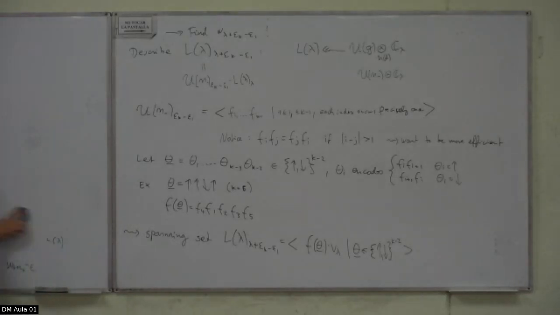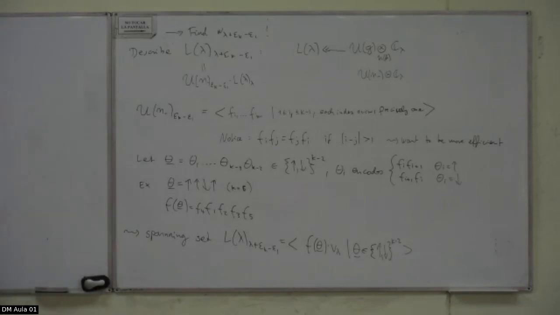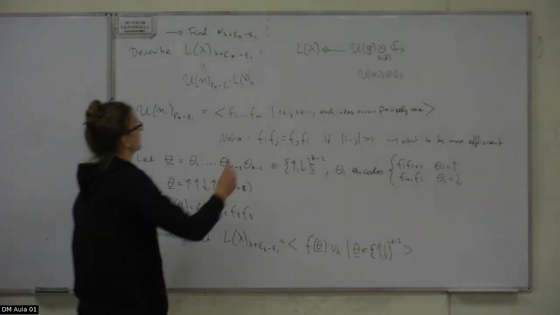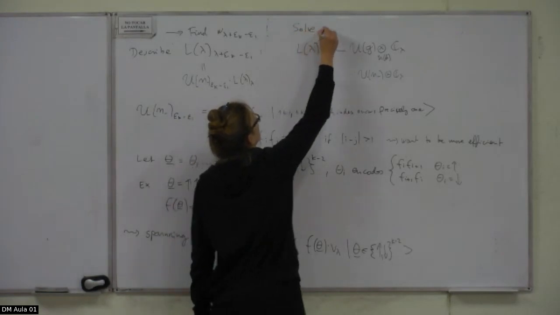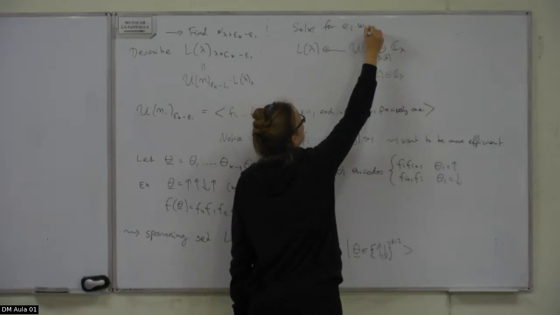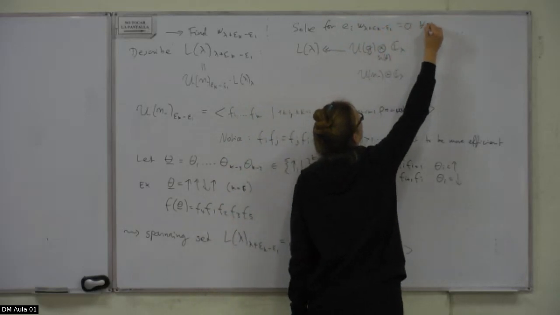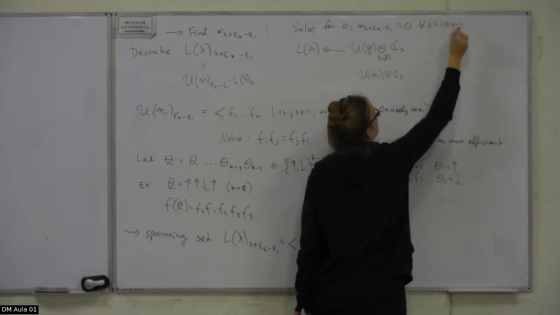I need a bit more space, so I'll put it here. Keep in mind that we want to solve for epsilon i ei w lambda plus epsilon k minus epsilon 1 equal to 0 for i between 2 and n minus 1.